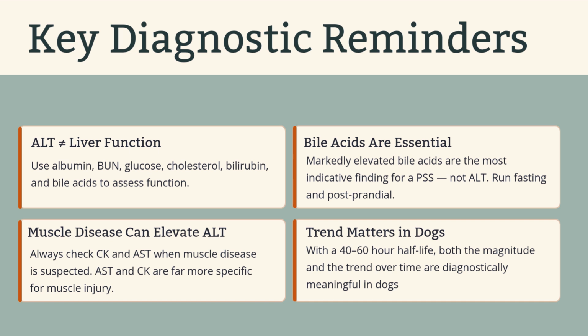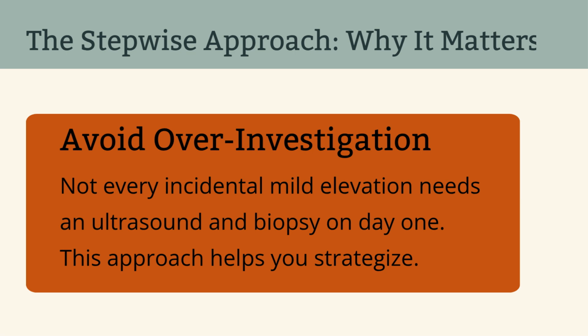And dogs and cats are different when it comes to interpreting the relative elevation. And primary liver disease, shunts, and secondary causes should all be considered. So your next steps depend on the magnitude of the elevation, and also whether it's a dog or cat, and also if they feel well or if they feel sick. So you hopefully will avoid over-investigation, but also be doing your due diligence when you see an ALT elevation.